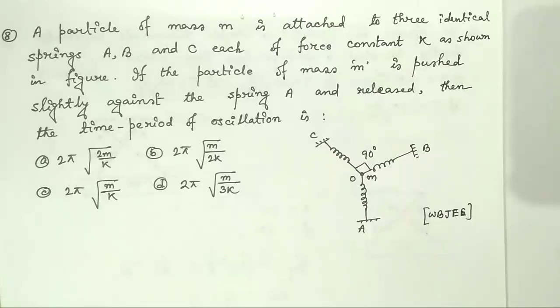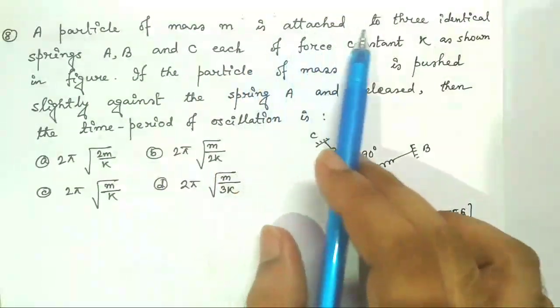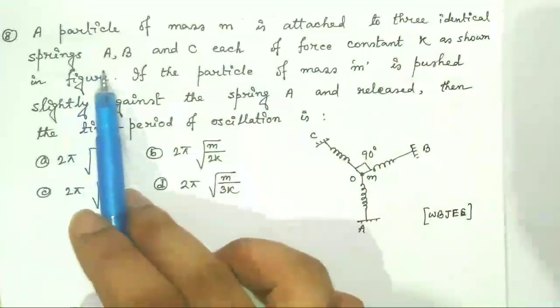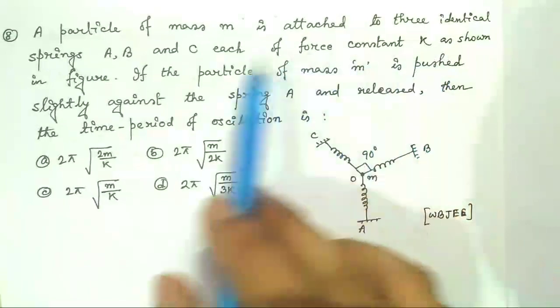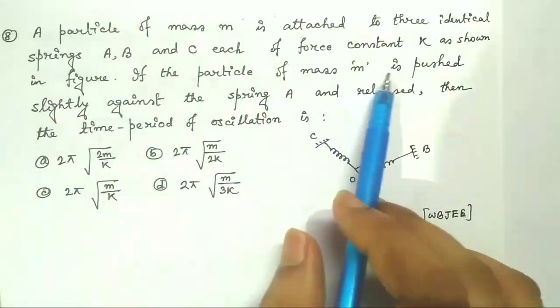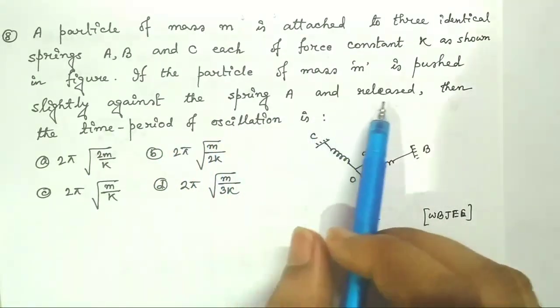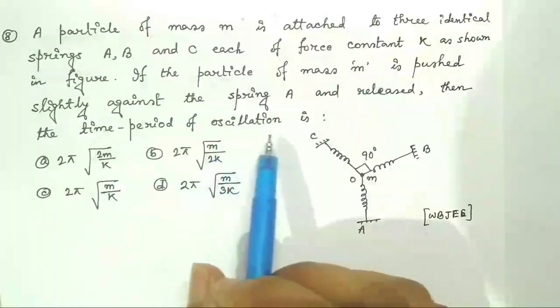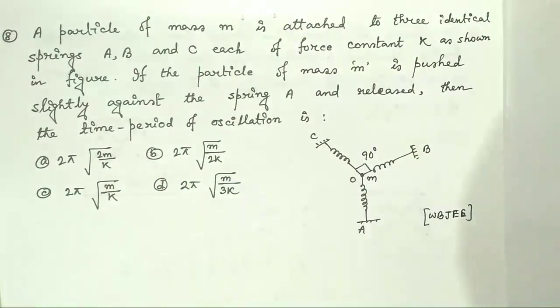Question number 8. Very important question. A particle of mass m is attached to three identical springs A, B and C, each of force constant K as shown in the figure. If the particle of mass m is pushed slightly against the spring A and released, then the time period of oscillation is. 4 options are given.